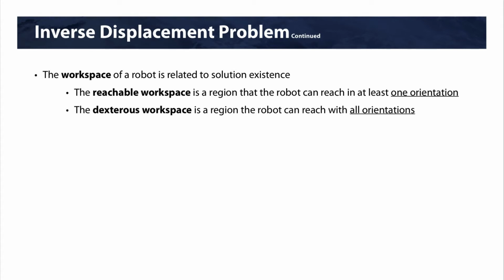The idea of the workspace of a robot is related to whether a solution exists or not, and we define 2 workspaces. There's the reachable workspace, which is the region that the robot can reach with at least 1 orientation of the end effector. So maybe it can only get to that position with one certain orientation, but that would be part of the reachable workspace.